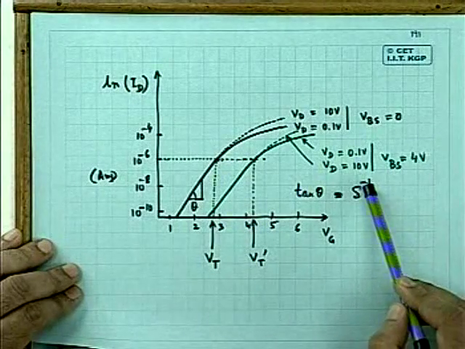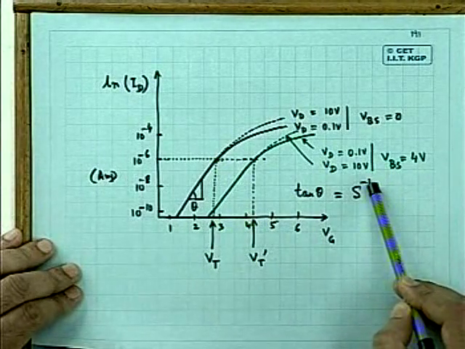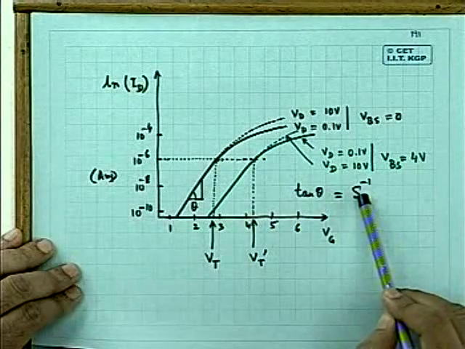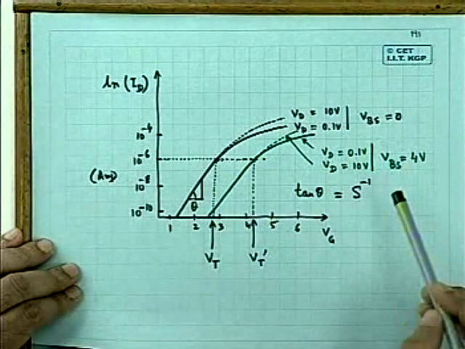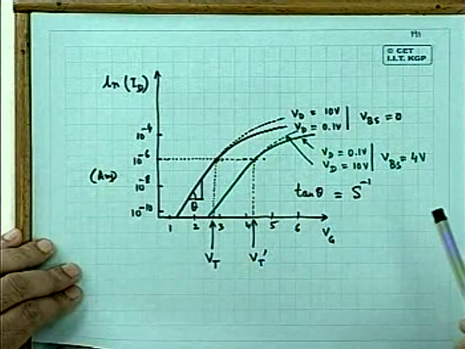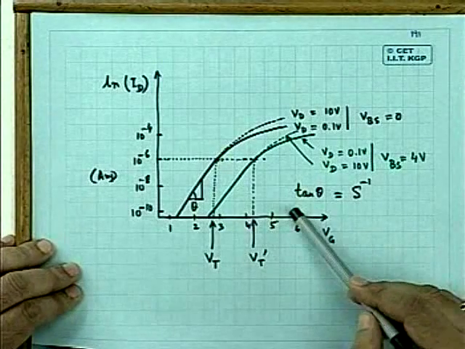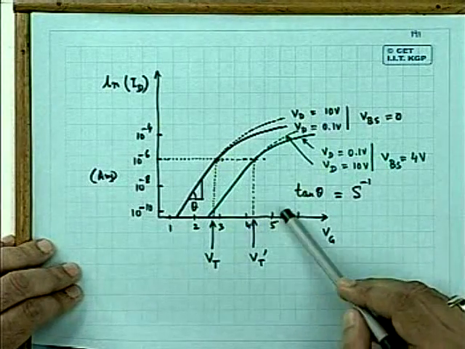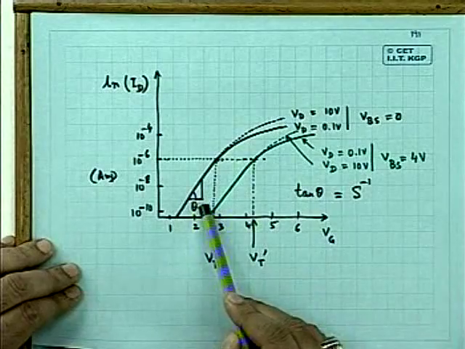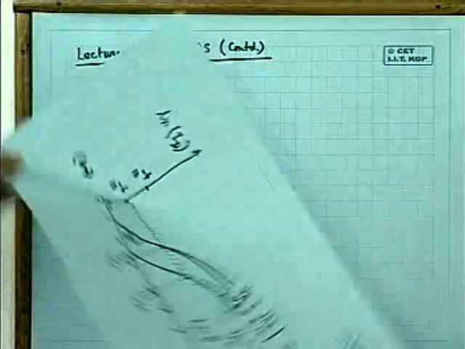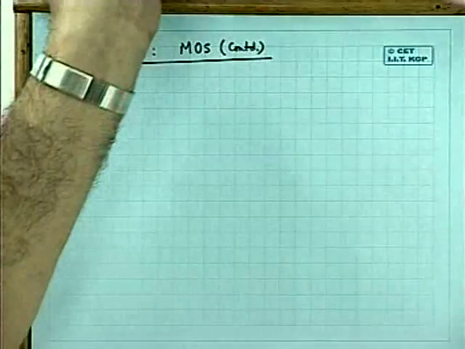Somebody mentioned after class that yes, this subthreshold slope S is the inverse of tan theta, the reciprocal of tan theta. And we define it in a manner which is as follows.